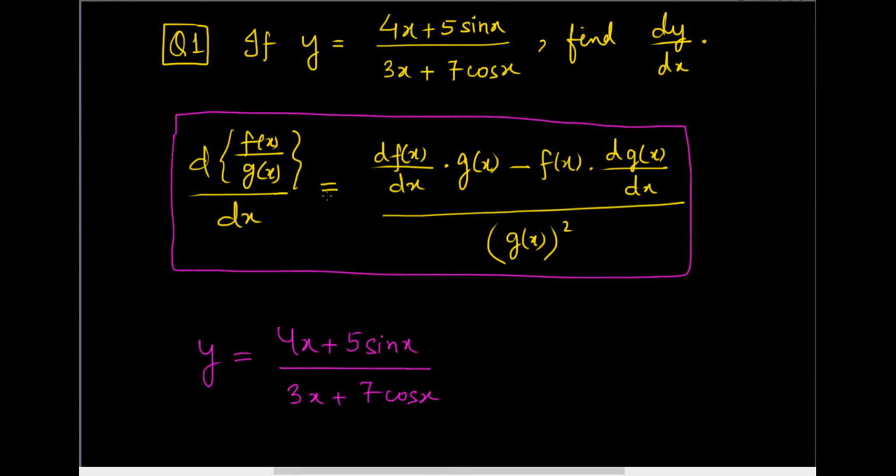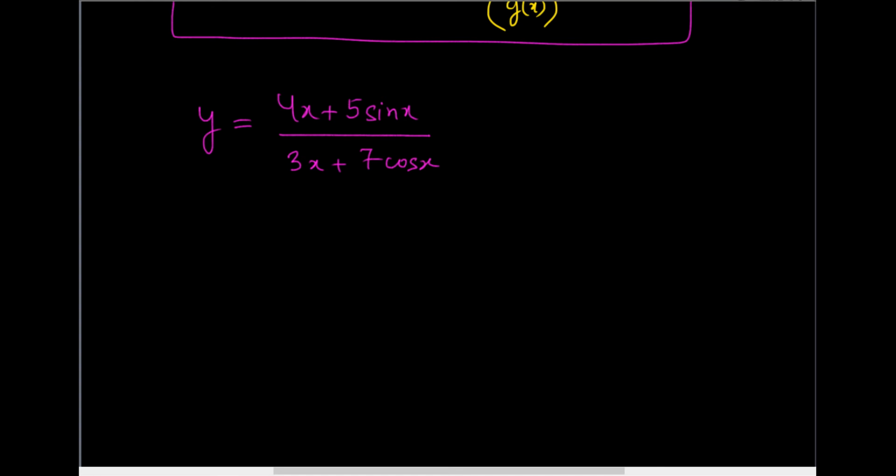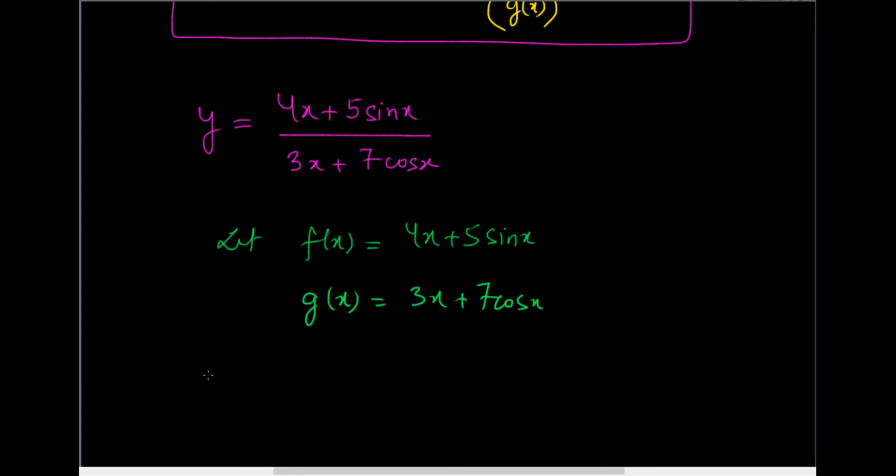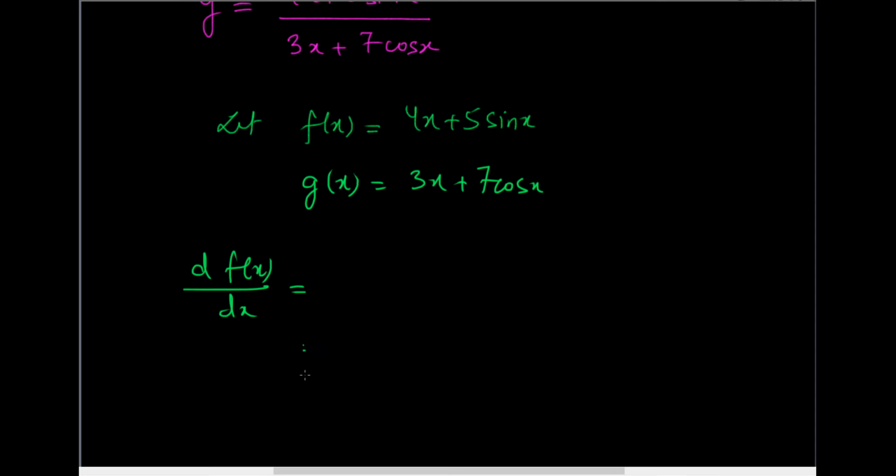Slowly and gradually we get hold of it, then we can directly use the formula and solve it as it is. So let us see. Let us assume the function f(x) equals 4x plus 5 sin x, and the function g(x) equals 3x plus 7 cos x. So the derivative of the function f(x) with respect to x equals the derivative of 4x plus 5 sin x.